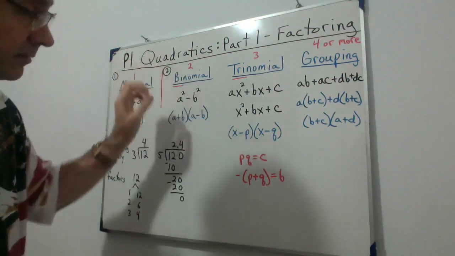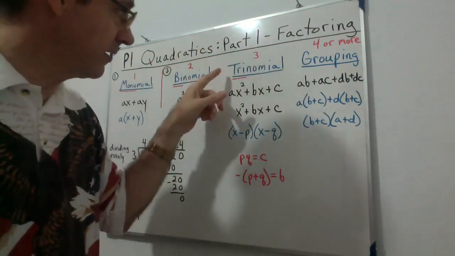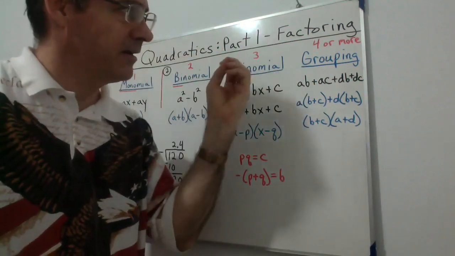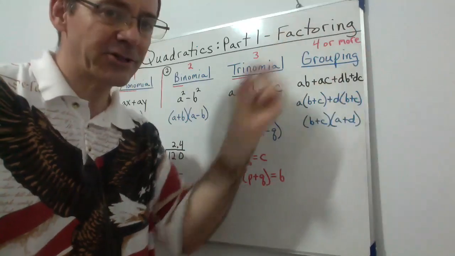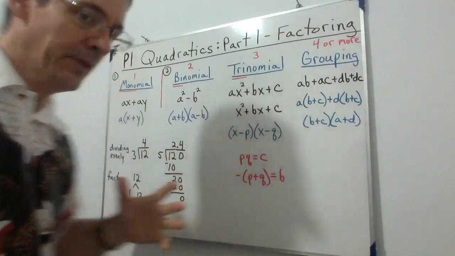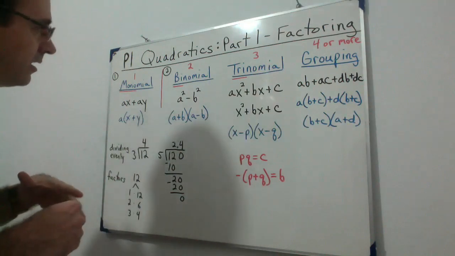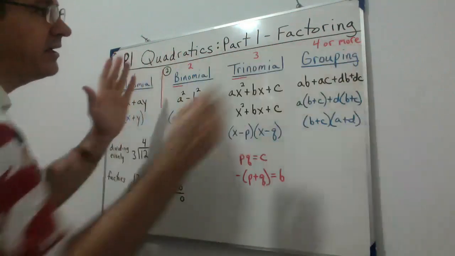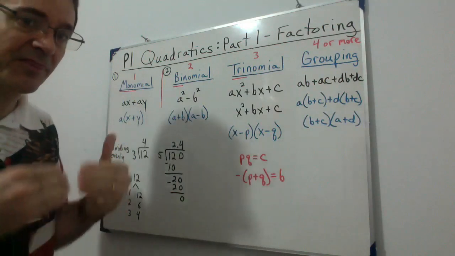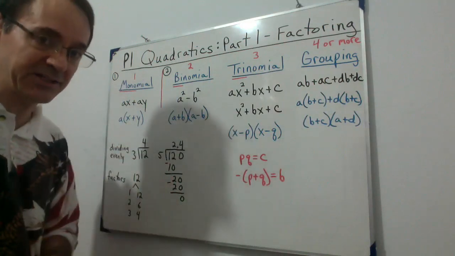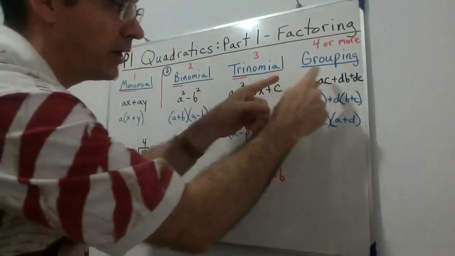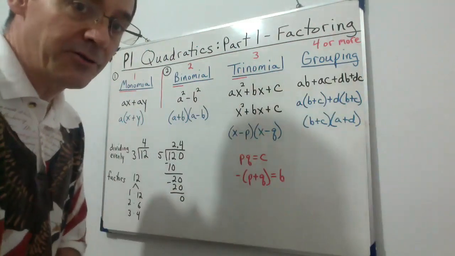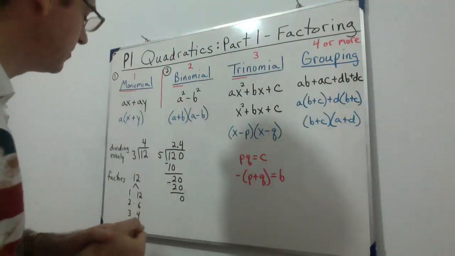Binomial means 2 terms. Trinomial is 3 terms. And then when you have 4 terms or more, we call it factoring by grouping. So with these, it has to do with the number of terms in the expression. So there's 2 terms, 3 terms, or 4 or more terms in the expression.